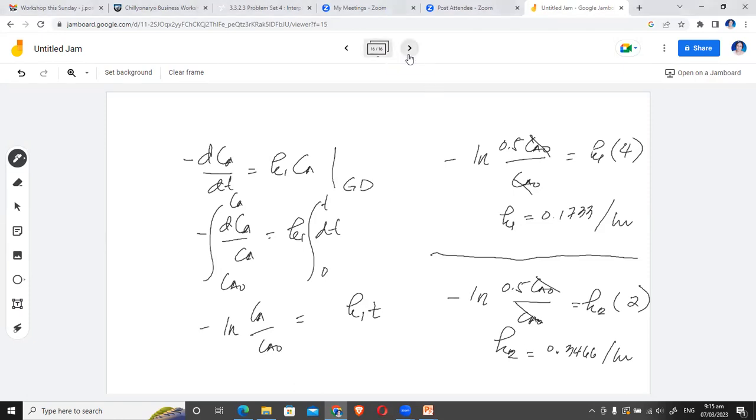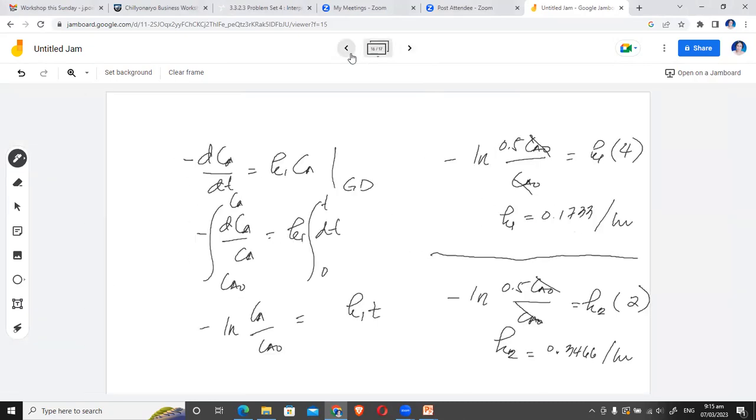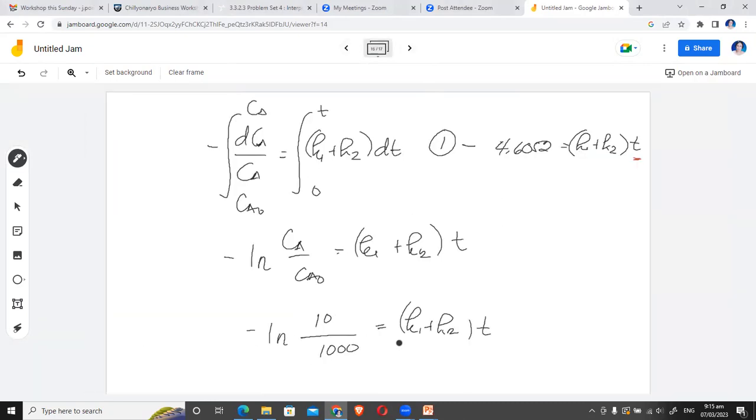So we can have 4.6052 is equal to 0.1733 plus 0.3466.